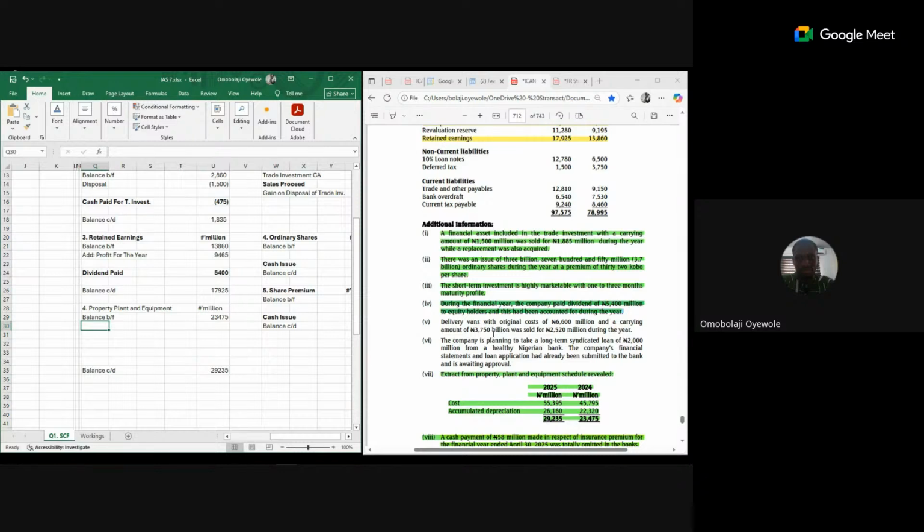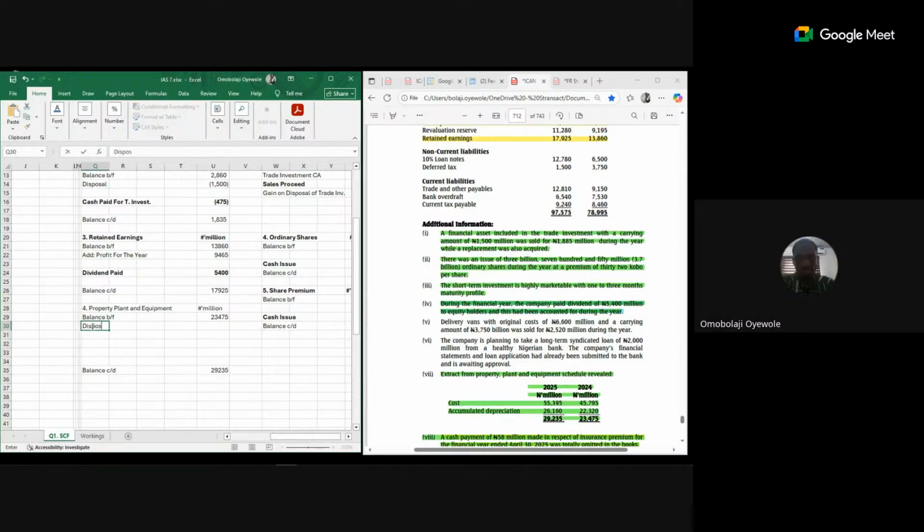They've given us information pertaining to the delivery van, so it also forms part of our property, plant, and equipment. But there is a disposal on that delivery van. So this is what we are going to do. You know that when we are transferring a disposal, we transfer the carrying amount of that PPE to the disposal account.